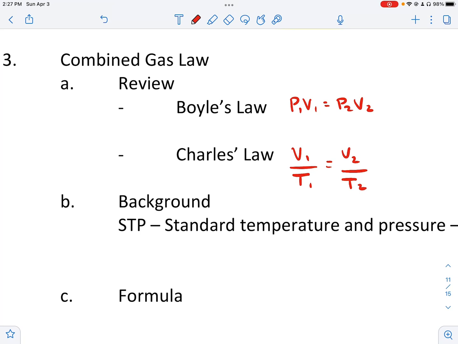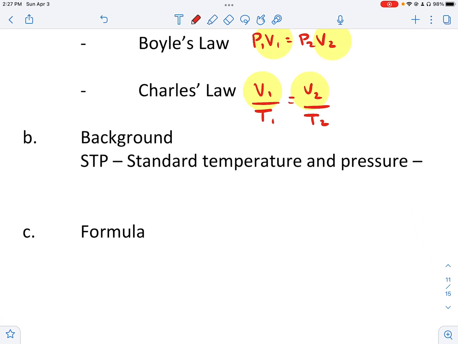Now, if you look, we have V's in similar places, right? We've got V, V, V, V. So we can actually squish this all together to get our formula. We're going to jump to that formula part below, and then we'll come back to the standard temperature and pressure.